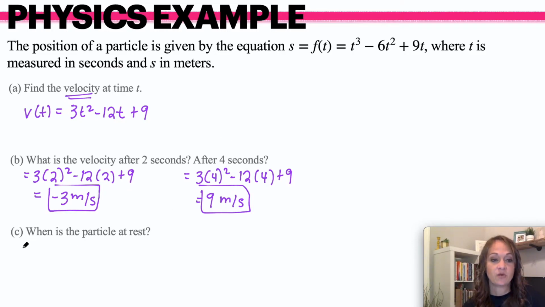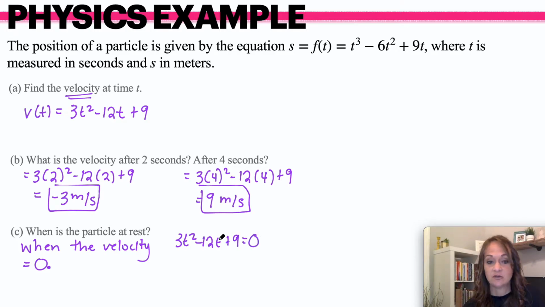When is the particle at rest? The particle is at rest when the velocity equals 0. So if we're going to take the velocity, 3t squared minus 12t plus 9, and we will set this equal to 0.